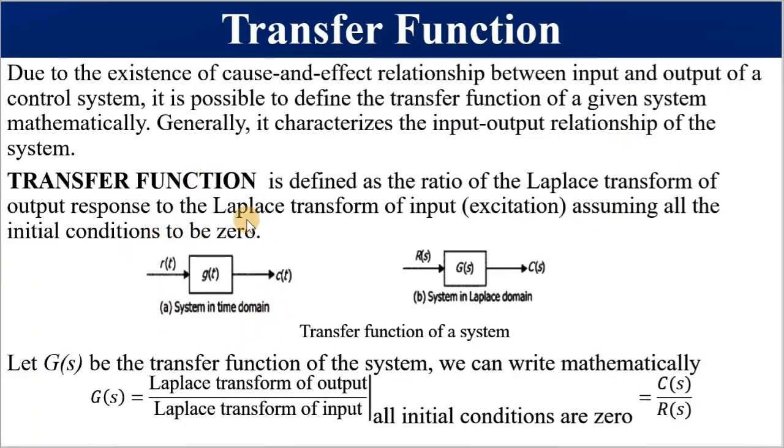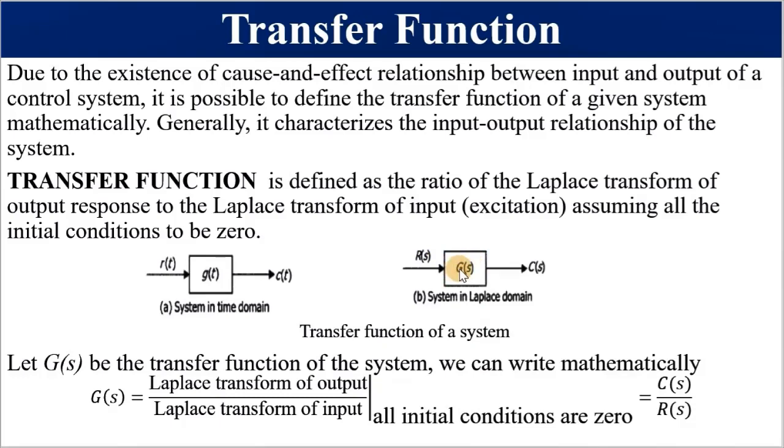This is a control system in time domain, and this is a control system in S domain or Laplace domain. The input is R of t, the output is C of t, and this is the gain of the system. If we find the transfer function of this, we find the Laplace transform of R of t, which is R of S, the Laplace transform of the gain, which is G of S, and the Laplace transform of the output, which is C of S. This parameter is what we call the transfer function.